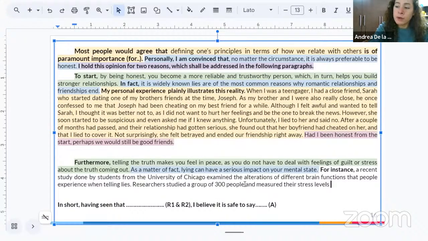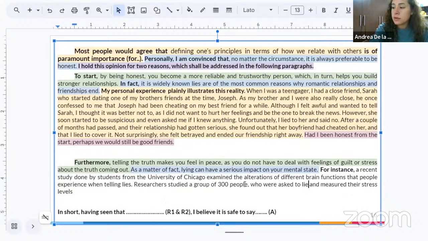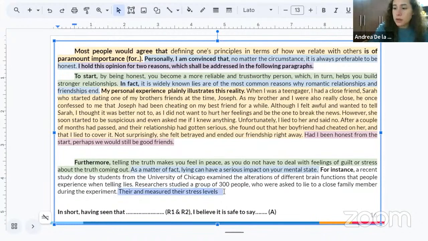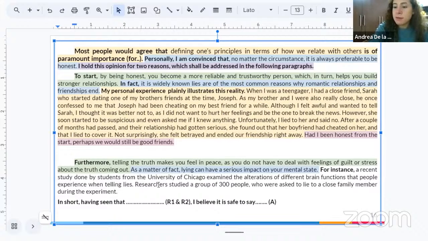Okay, a group of 300 people who were asked to lie to a close family member during the experiment, while simultaneously measuring their stress levels.